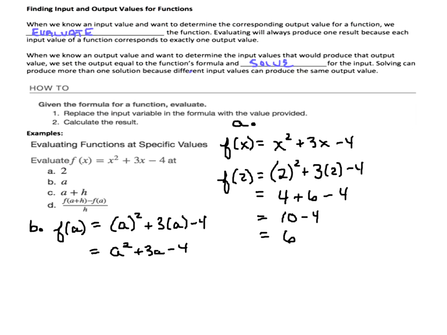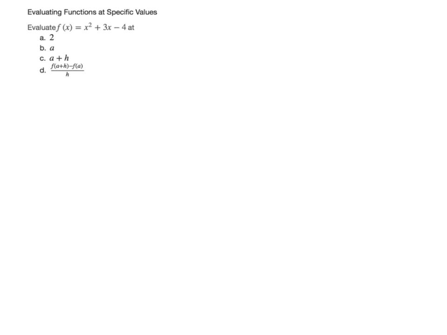All right, so the next two are going to take some room. So I'm actually going to grab what we got for f of A, because we've got to use it for the last one. I didn't grab the whole thing. There we go. And we're going to go to our next page.